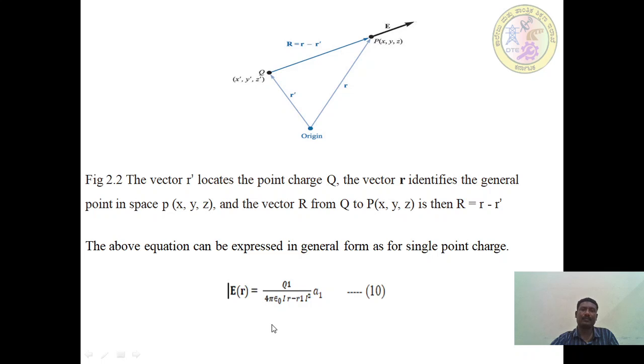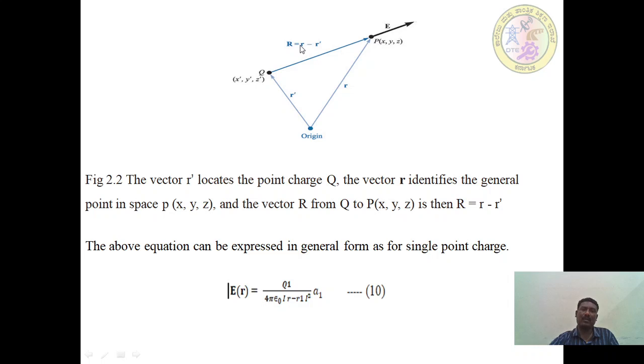See this? This is the origin point. This is the Q point. This is the point P, where this vector E indicates the electric field intensity. Okay, this is the vector R. Now this is the vector R dash.